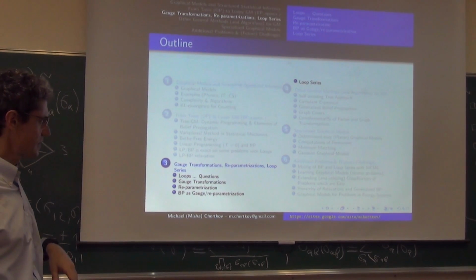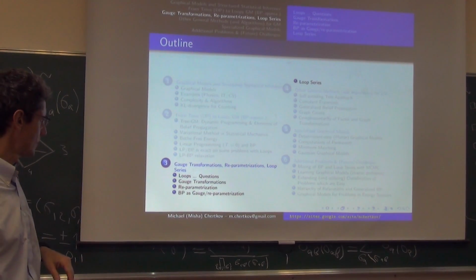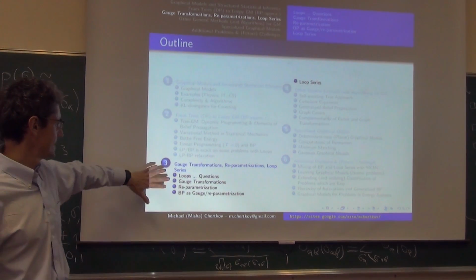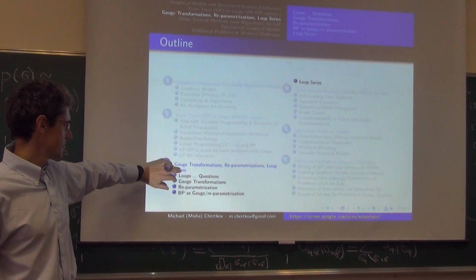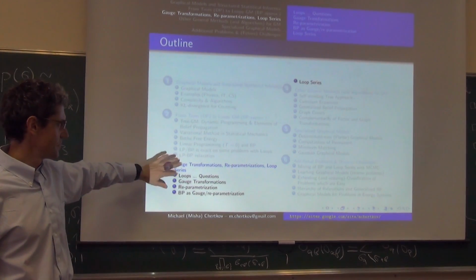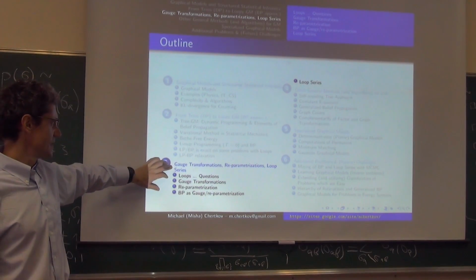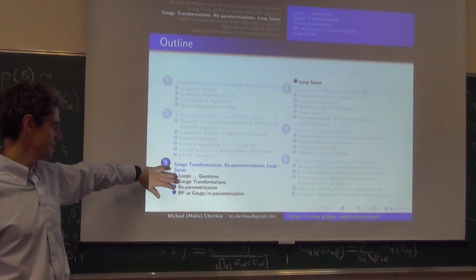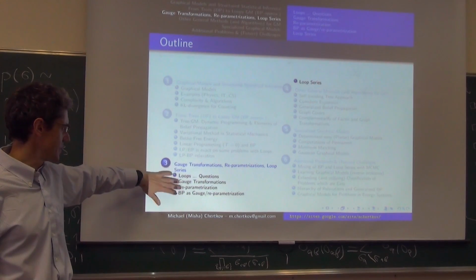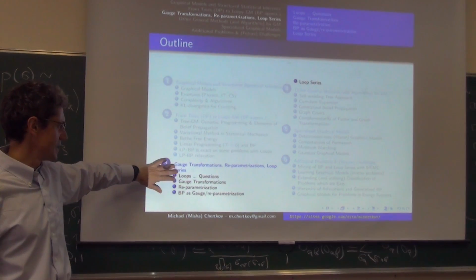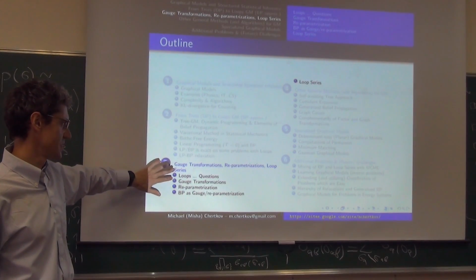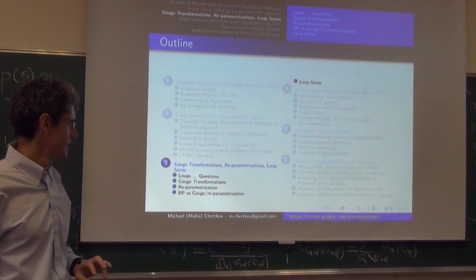Then we'll take a 15 minute break, and then there will be another hour. I already mentioned those reparameterizations and gauges. Now we'll move slower and see how they enter, but I'm now back to my original problem, the main problem of partition function computation.